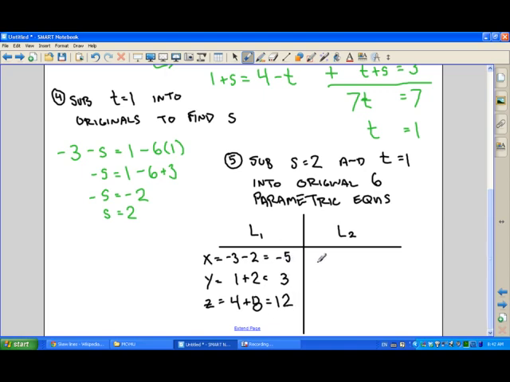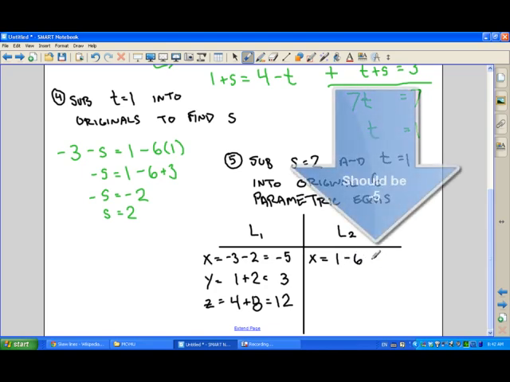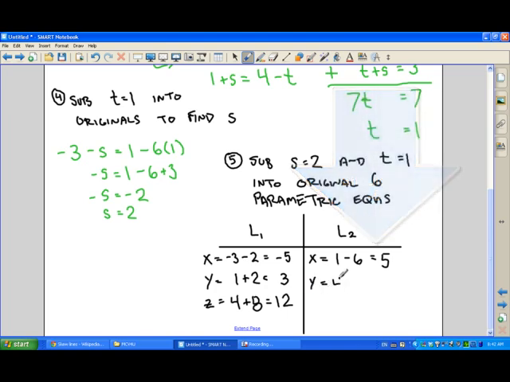If these lines do intersect, when I sub t equals 1 in for L2, I'll get the same values, and it looks like that's what's happening. So my y was 4 take away t, or 4 take away 1. That equals 3. Z was 6 plus 6 times t, or 6 plus 6 times 1, which is 12.